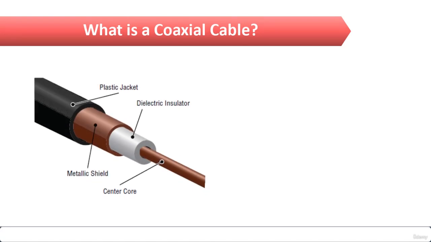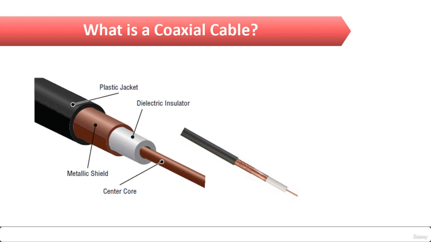You can see on the screen that, as I had discussed in the definition of a coaxial cable, it contains a center conductor made up of copper, and the copper is surrounded by a dielectric insulator and a metallic shield surrounded by a plastic jacket. So this is the actual image of a coaxial cable.